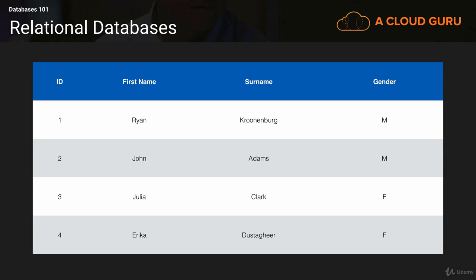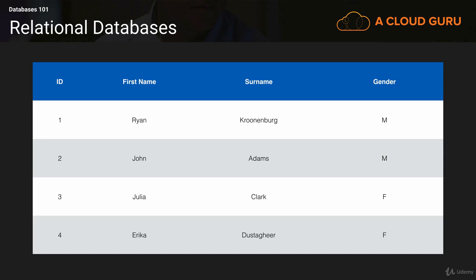It might be something like address, which would be alphanumeric, so it would have both numbers and letters, etc. And the reason that's important is we'll come to that in the data warehousing section as to how data warehouses work. But just take a note that this is a typical sort of database. So it's very, very simple. 4 fields, and then we've got 4 different rows within those fields.